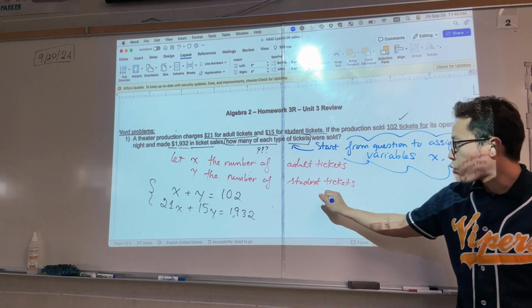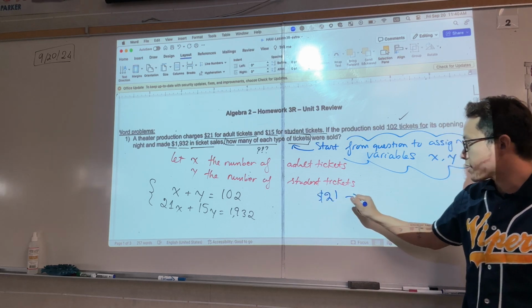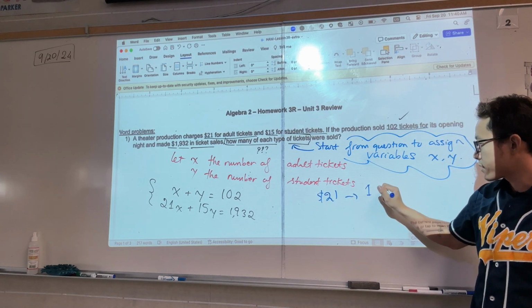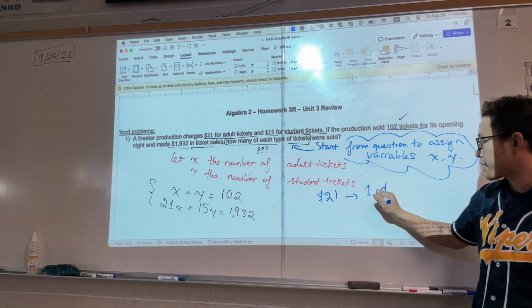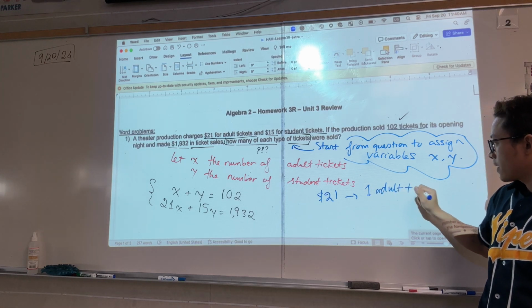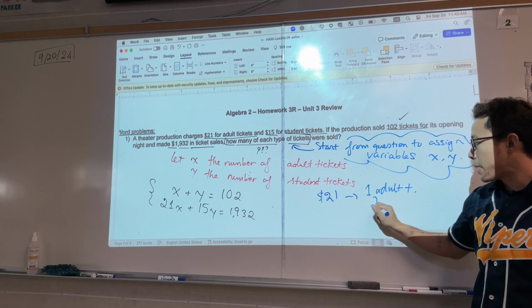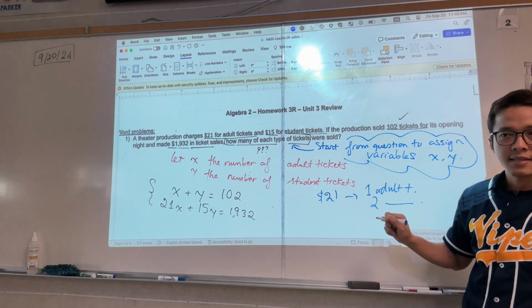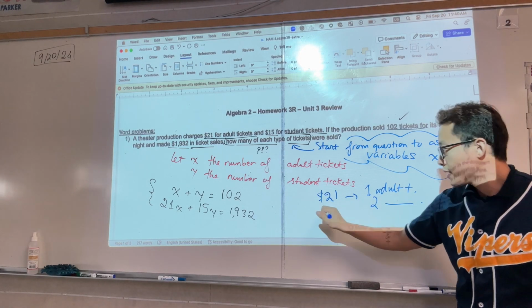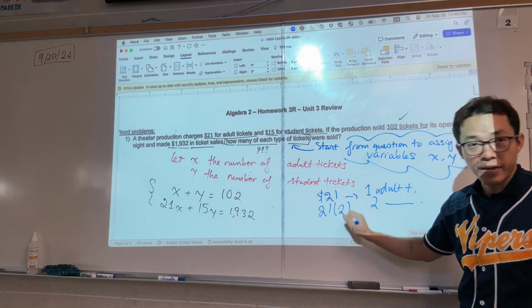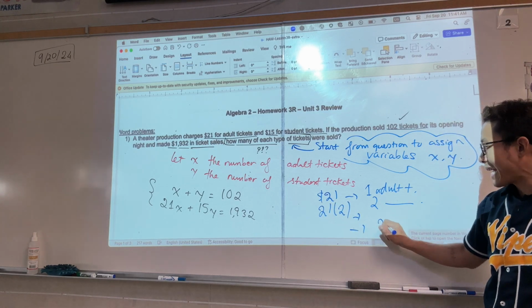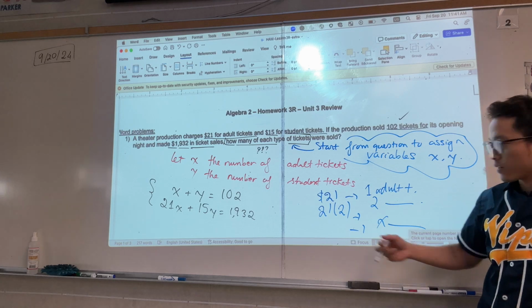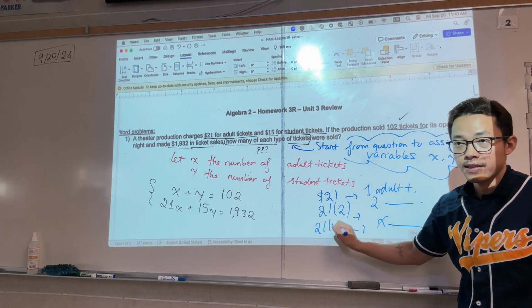Yes. So $21 is one adult ticket, right? One adult ticket. Then if you have 2 adult tickets, how much is it? You times 2, correct? So 21 times 2. Do you agree? So if I have x number of adult tickets, what is it then? 21 times x.